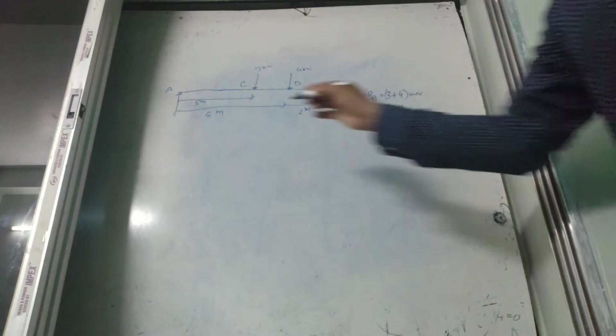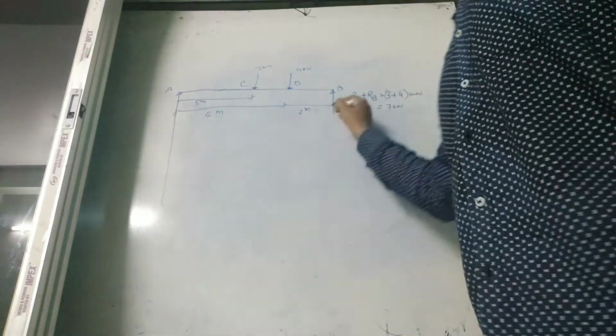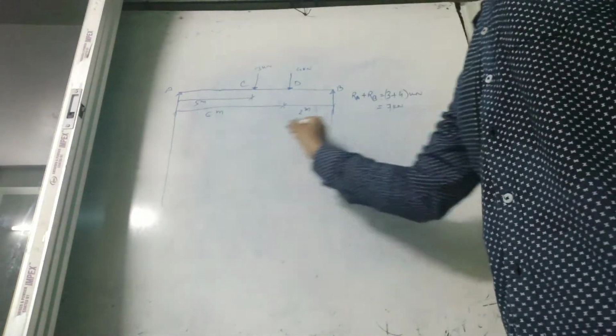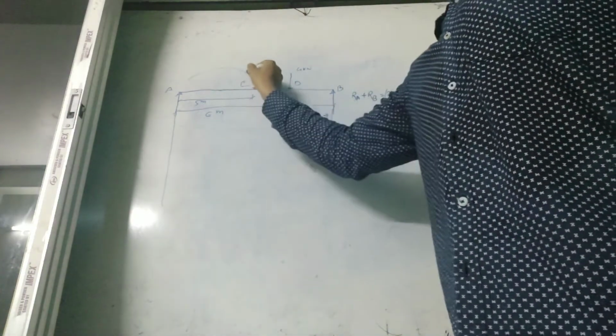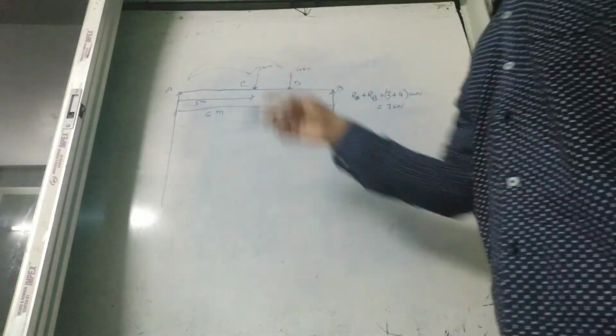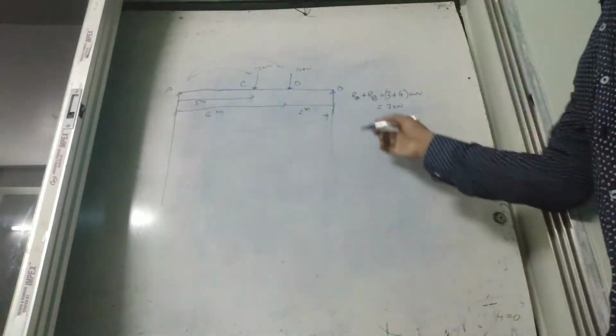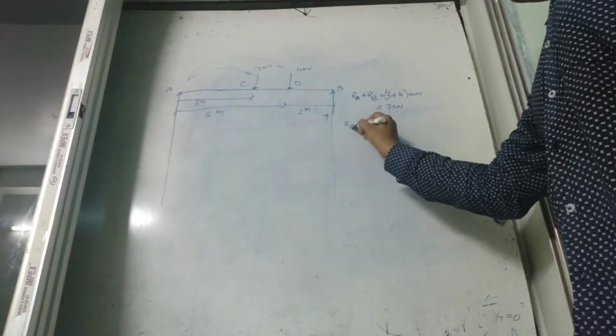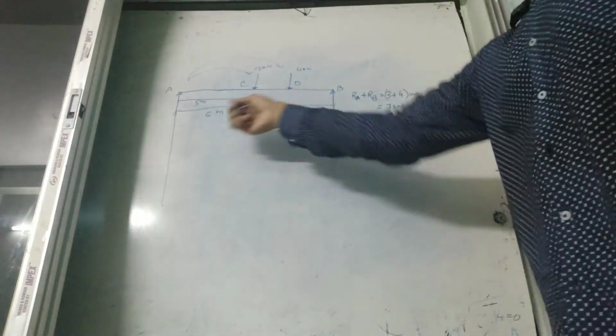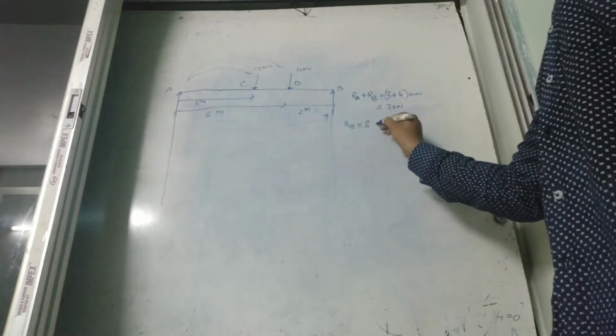Now we will go for the moment theory. Okay, RB acts anticlockwise and the loads work clockwise. If we take the reference point as A, now RB into how much distance? 6 plus 2, 8.